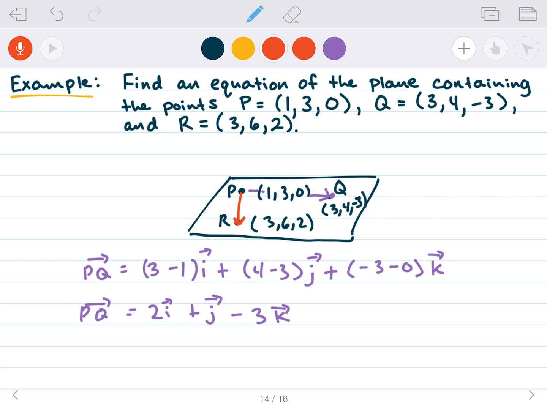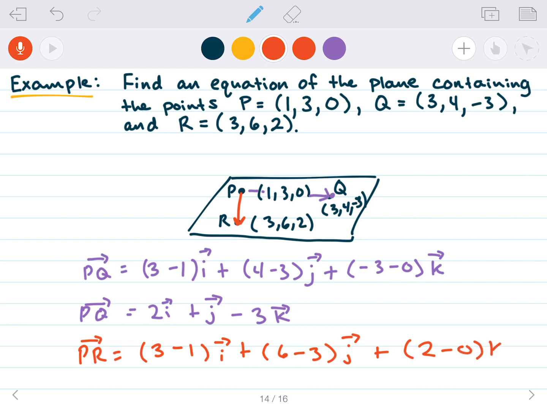And let's go ahead and figure out what PR is as well. So PR, okay, we're terminating at R, so we're taking the difference in the x's, starting with R. We have 3 minus 1, i, plus 6 minus 3, j, plus 2 minus 0, k.